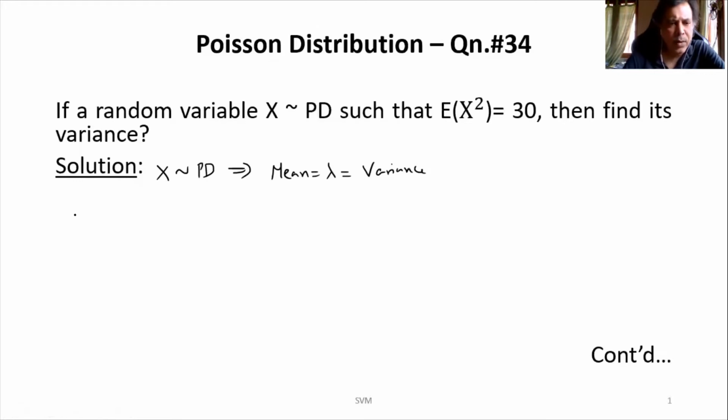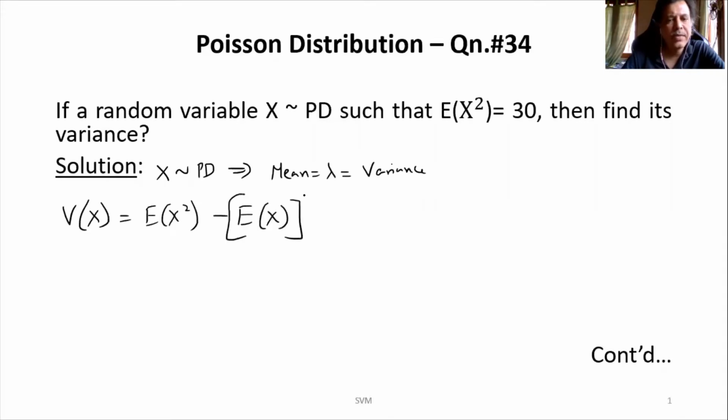That means I can now write down the formula for the variance of a random variable X, which will be expectation of X square minus expectation of X the whole square. This we studied in our previous class on random variables, right?